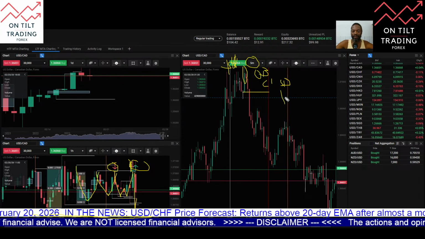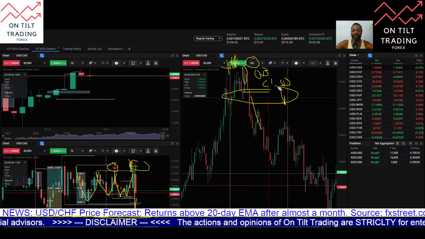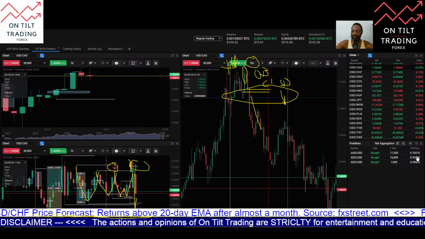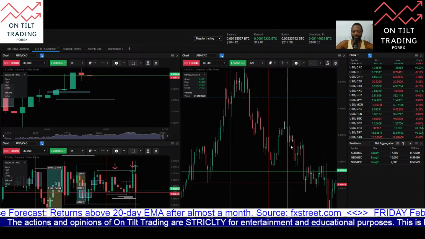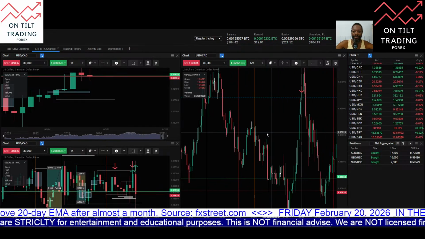I'm looking for price to deliver to the sell side, which it does, but price never retests this change in the state of delivery level. So I don't take an entry. I watch this one go without me, much like Aussie dollar did this morning.